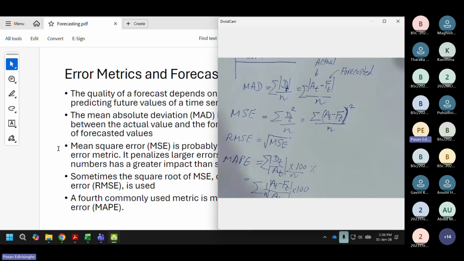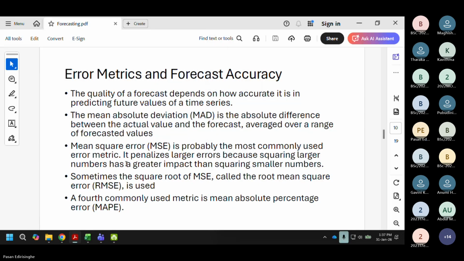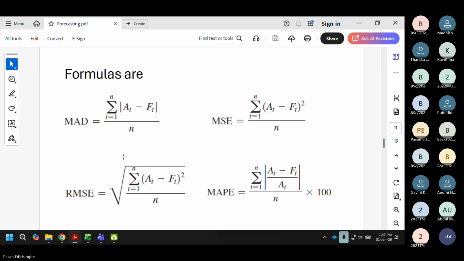So we can define the mean absolute percentage error like that. The percentages are created because you divide by the actual value. So these are the formulas we can have there.